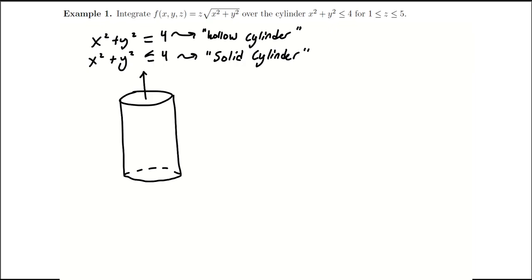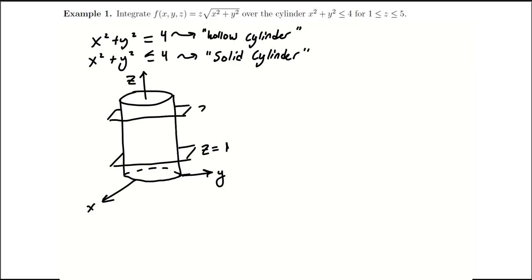So if I draw my axes now, here's our solid cylinder. Now we want z to be between 1 and 5. Well, z equals 1 is a plane parallel to the xy plane. Same thing for z equals 5.